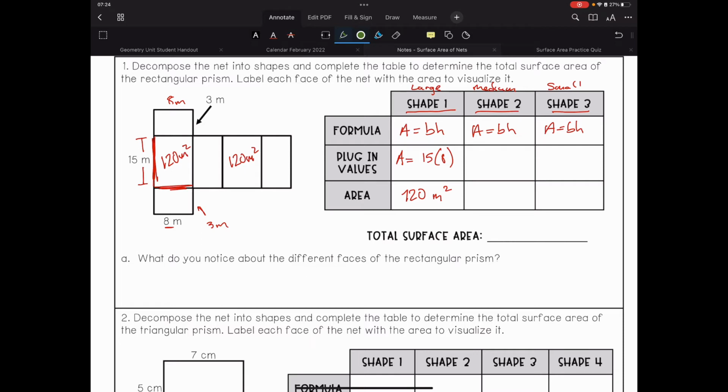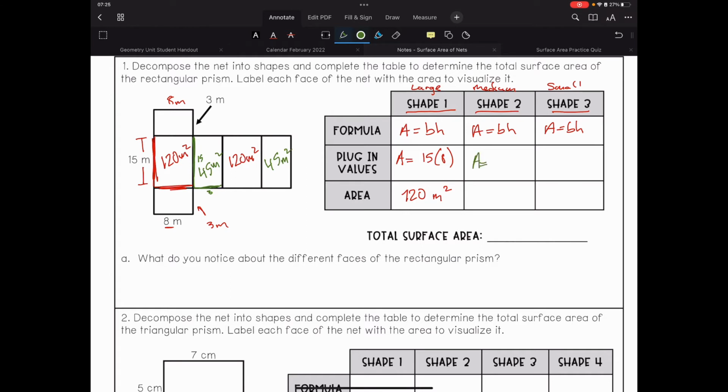Shape 2 would be the medium-sized rectangles. That's these ones here. Well, these are 15 here and 3 here. So if I multiply that, that's 45 meters squared. And this one's also 45 meters squared.